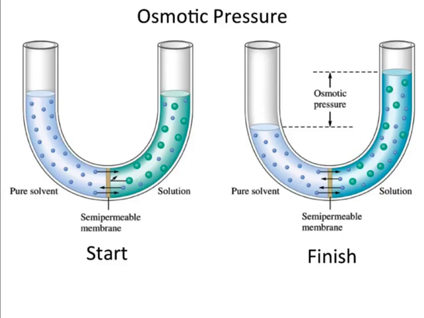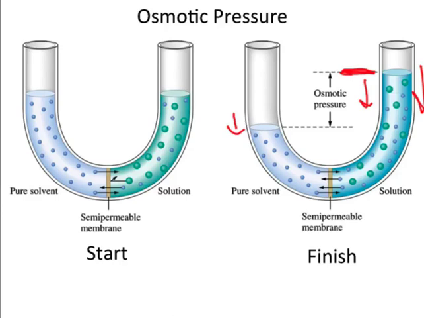When this liquid is higher up here, gravity is exerting more force on it than it would otherwise. This will continue happening until the extra force from gravity pulling this down equalizes the natural pressure of the system to force this osmosis.